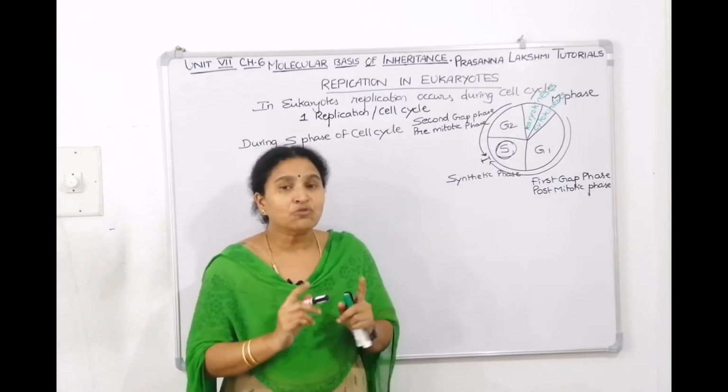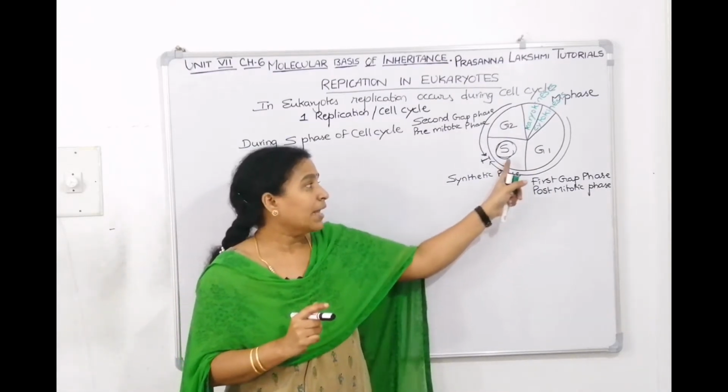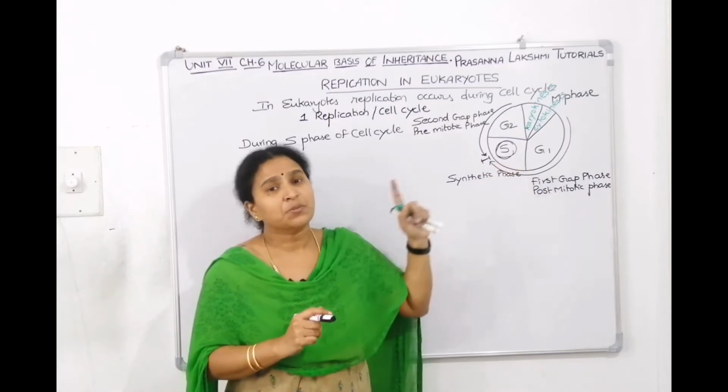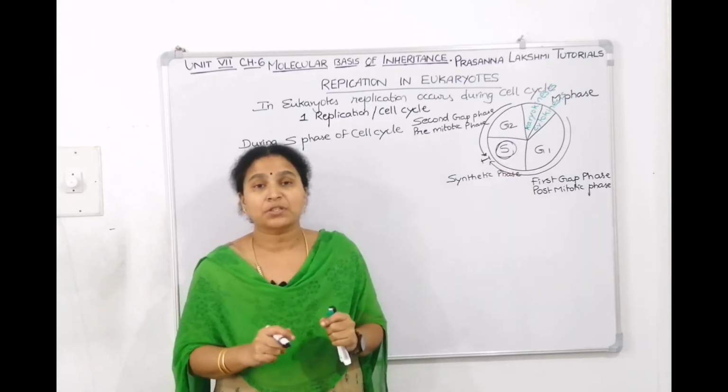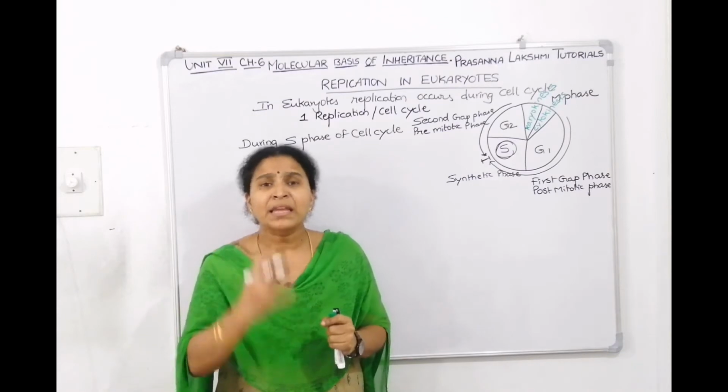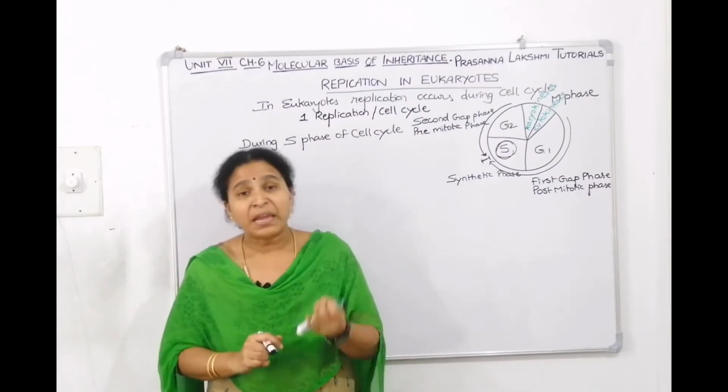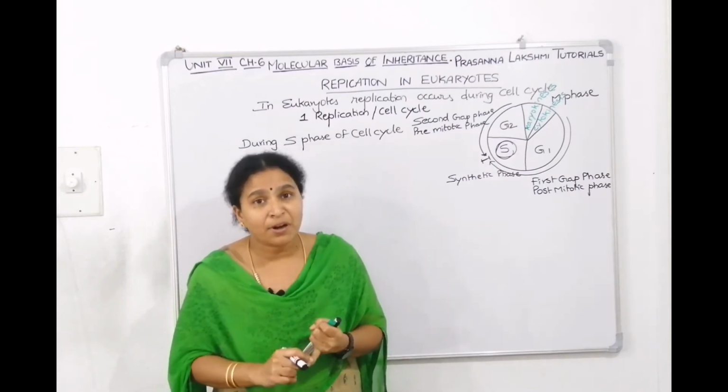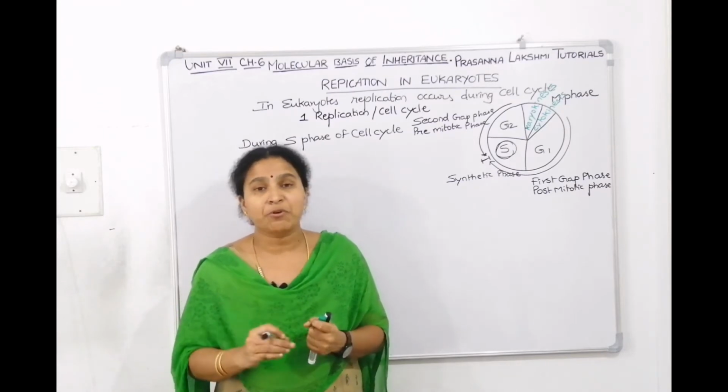Now, if it has to replicate the DNA in the S phase, it needs so many things, because replication is not a simple process, it's a complex process. It needs many enzymes to do replication, like the main enzyme DNA dependent DNA polymerase, helicases, SSB proteins.